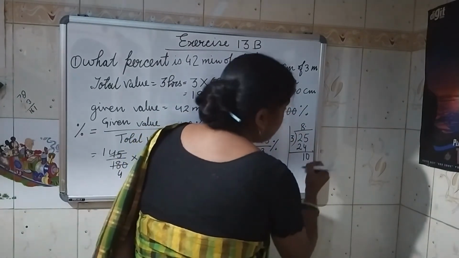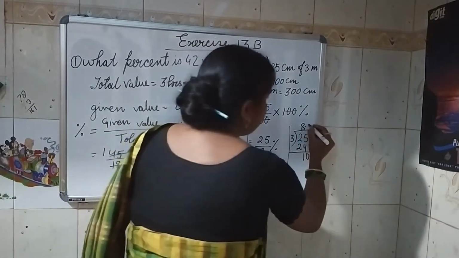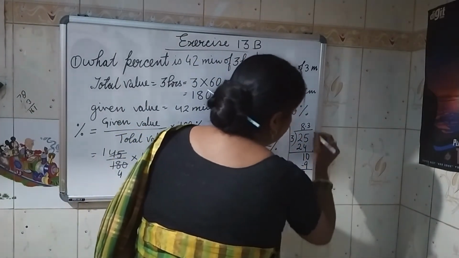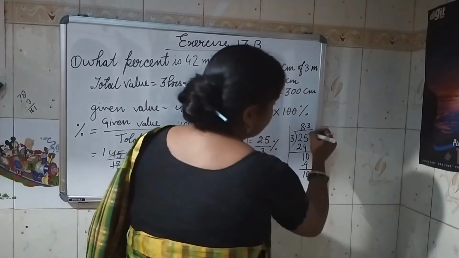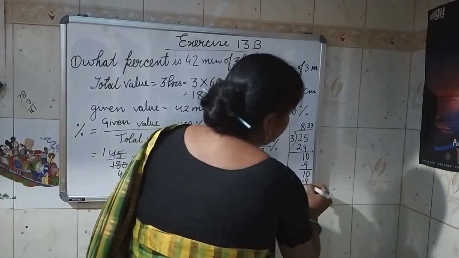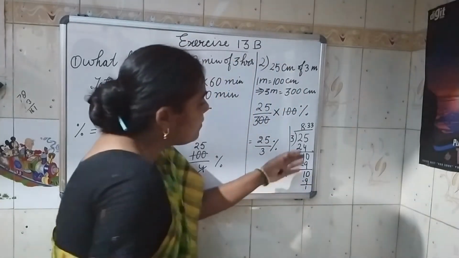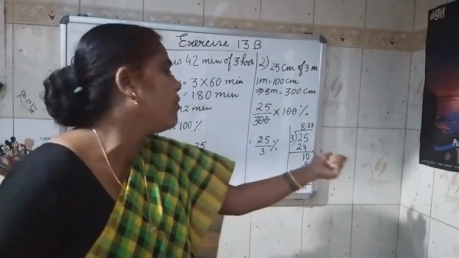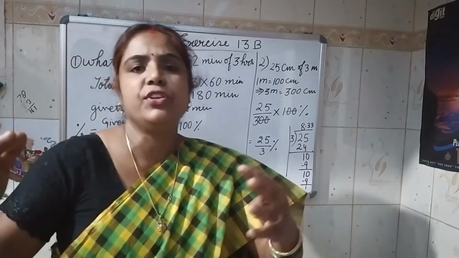When we put the decimal, we add a 0, so 3 threes are 9, minus, again 1. Same process, decimal is there, so we add a 0. So 3 threes are 9. If you repeat this process, it continues again and again, and the answer always comes 8.3333.